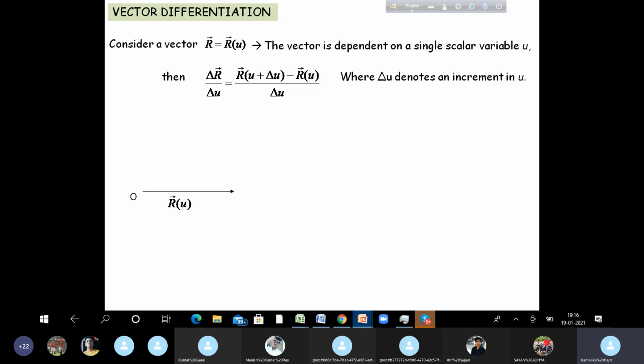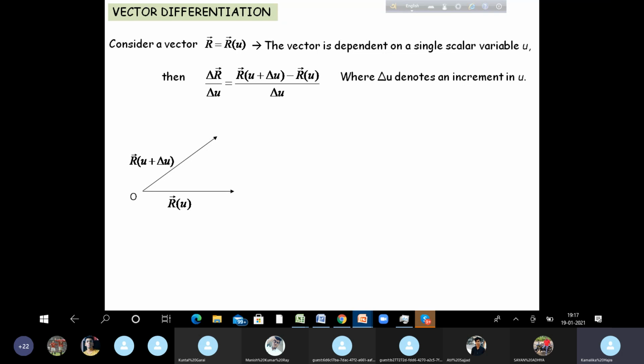All right, suppose this is the vector R(u), R which is a function of u. Every time I'll write R(u). It starts at the position O and is directed at some orientation. So this is the vector R(u). When I change the parameter u to u plus delta u, this is the new vector that I get, the new position and magnitude of R at the changed value of u.